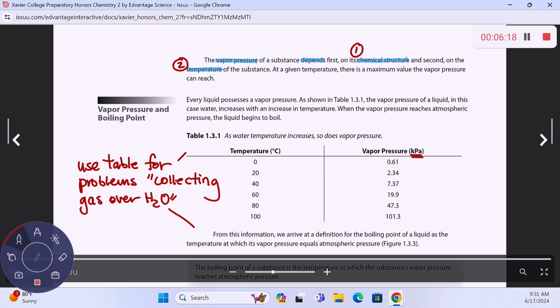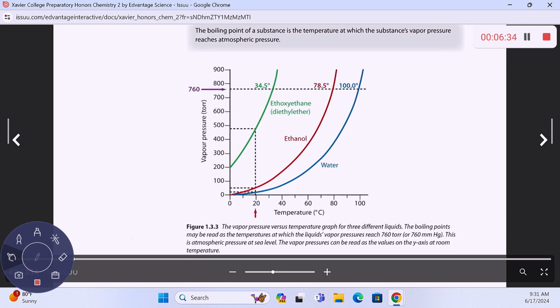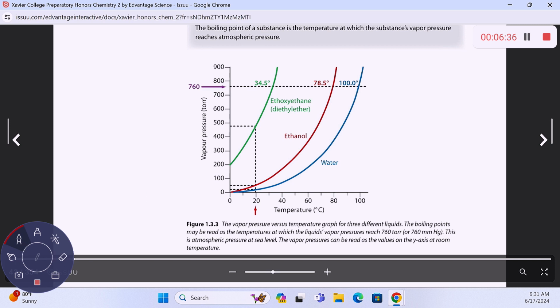Okay, now, the graph that is on this page shows you the different boiling points for liquids depending upon the pressure that we're at. So the reason why they give you this graph is because this is how you would determine the normal boiling point of a substance. So here we've got diethyl ether, that's the green curve, ethanol is the red curve, and water is the blue curve.